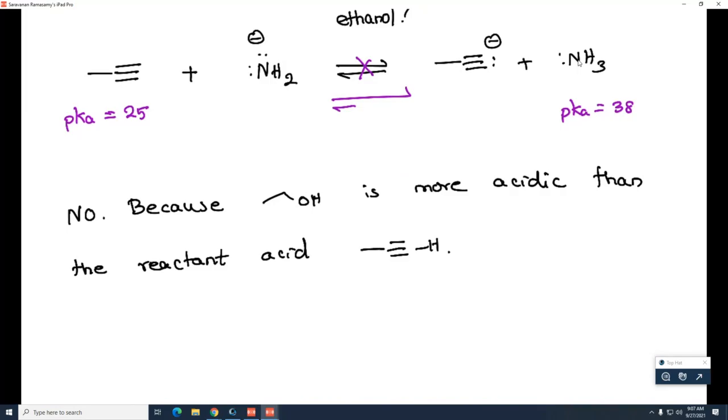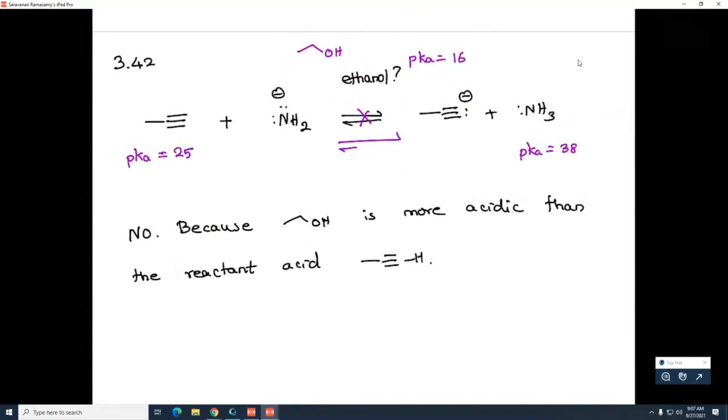Now, my next question, which is not in the textbook, but I'm asking you: can you choose a good solvent for this reaction? If ethanol is not the right solvent, can you choose a good solvent from your pKa table? A solvent should be a neutral molecule. How many options do you have in your pKa table? Two options.